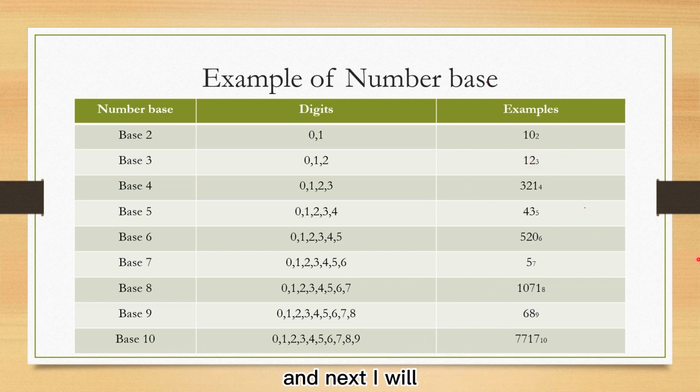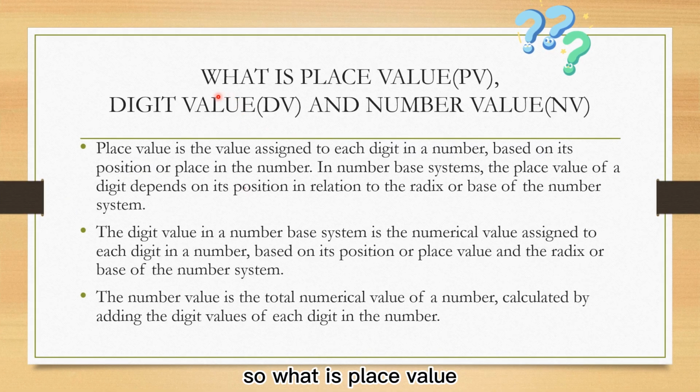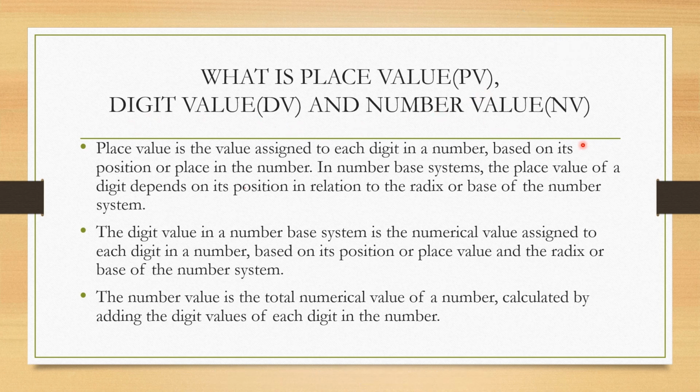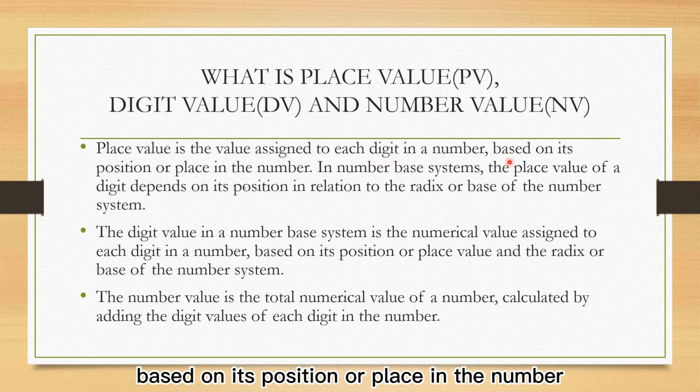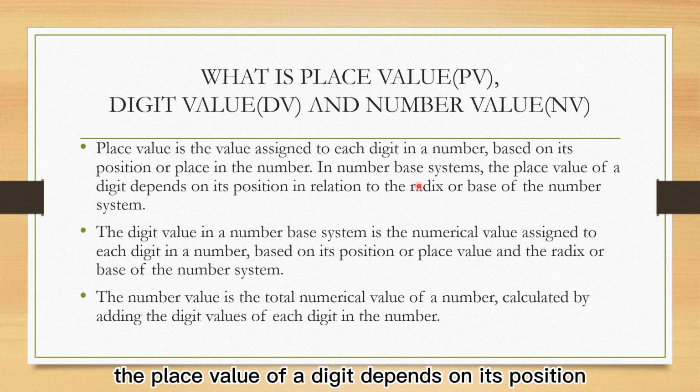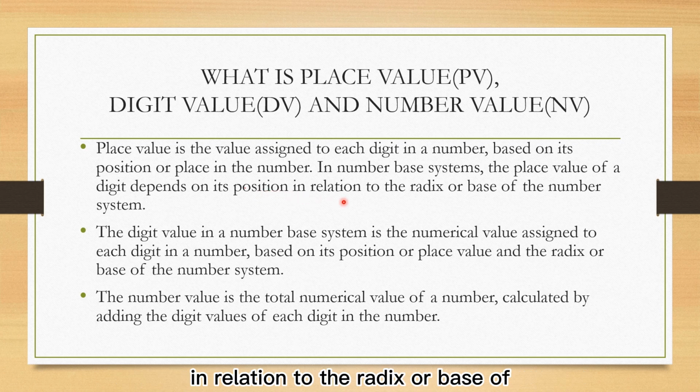Next, I will share what is place value, digit value, and number value. First, place value is the value assigned to each digit in a number based on its position or place in the number. In a number base system, the place value of a digit depends on its position in relation to the radix or base of the number system.